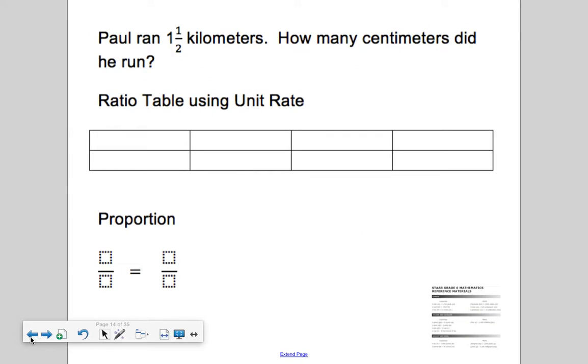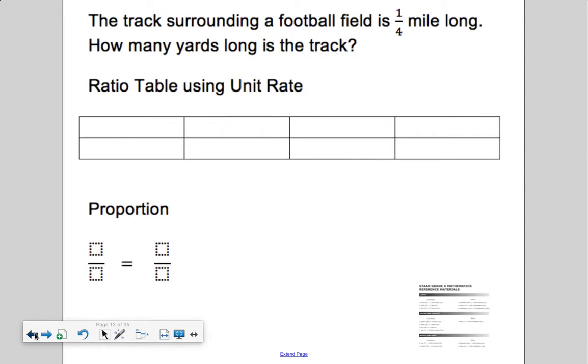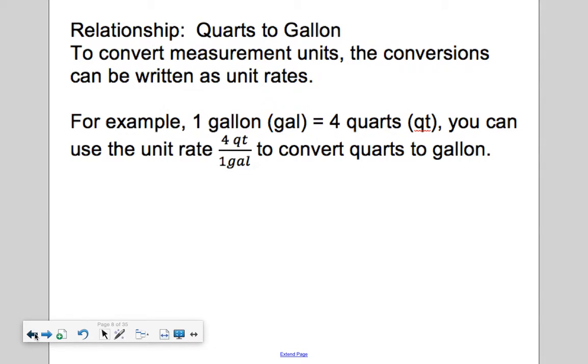And let's try our last example of double conversion. Paul ran 1.5 kilometers. How many centimeters did he run? If you look at your conversion chart, it says each kilometer, I don't know, I'm going to have to go back. Me trying to memorize it.